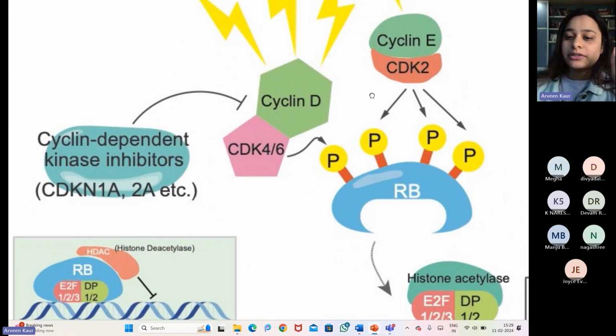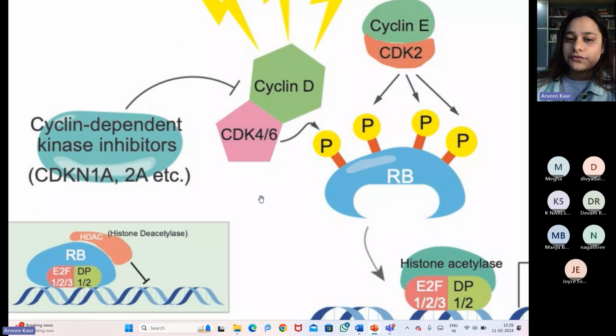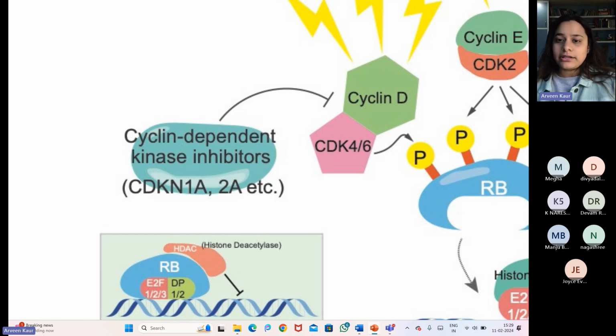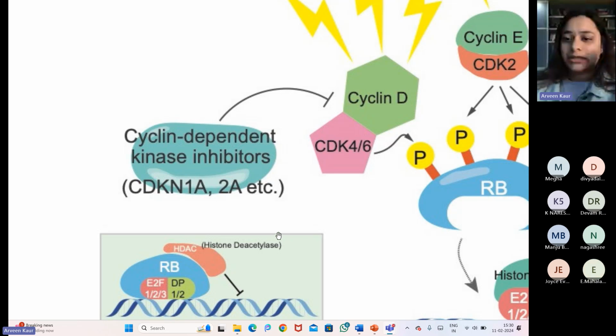Now, what can stop this RB from getting phosphorylated? There are these CDKIs that we talked about, that is, cyclin dependent kinase inhibitors. If, for example, there is anything that is not correct, if we don't have enough substrate, if we don't have enough signal, if the correct cyclin CDK is not activated, or there is no mitogenic signal present, this cyclin dependent kinase inhibitor, or CDKI, could get activated.